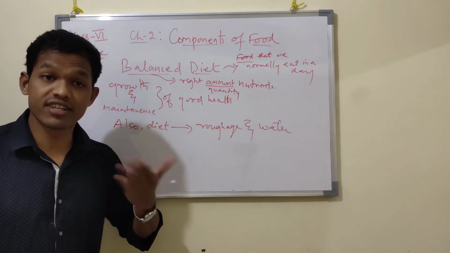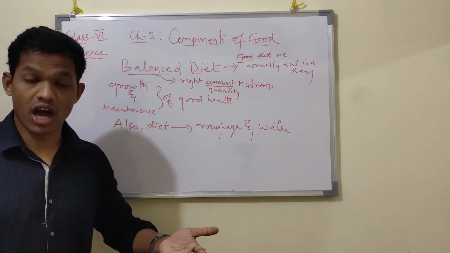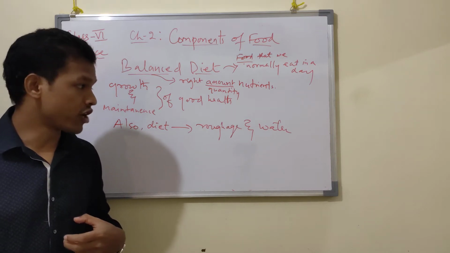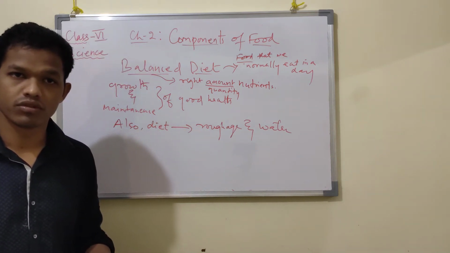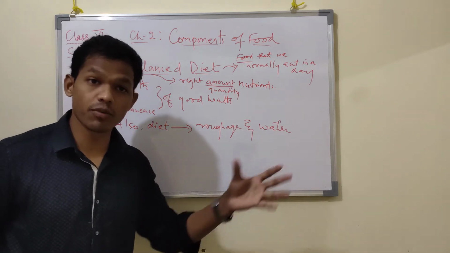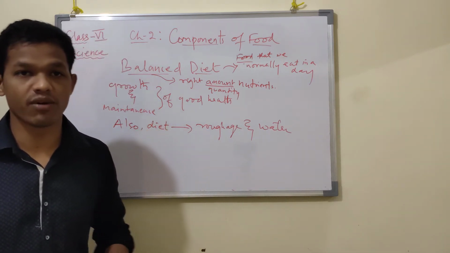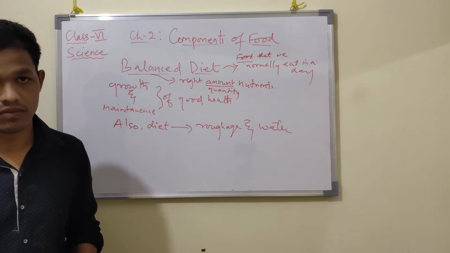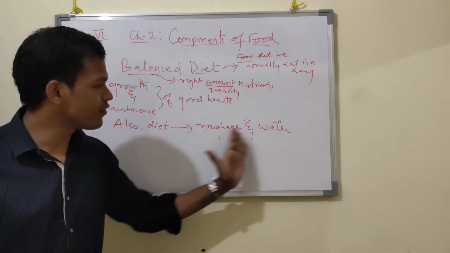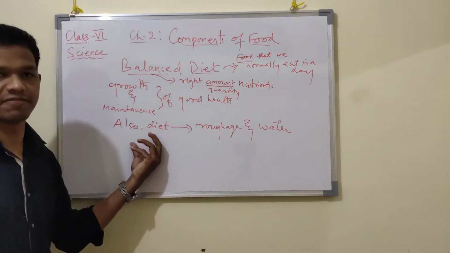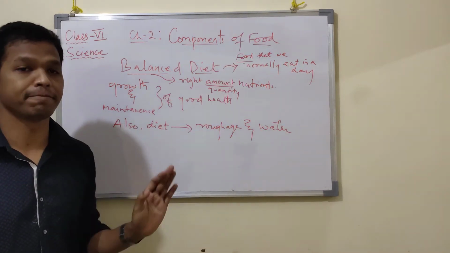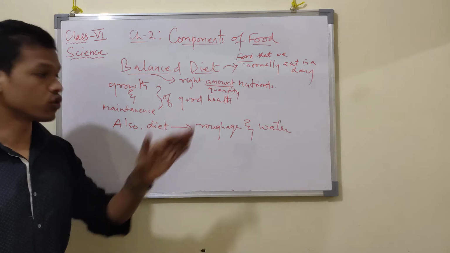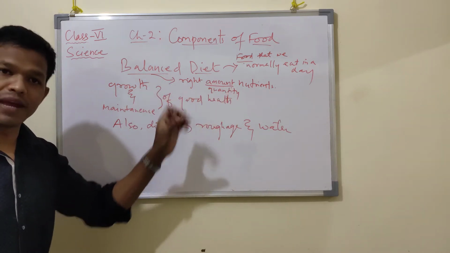It helps excrete waste and unwanted products from our body through sweat and urine. Water also helps in absorbing useful nutrients in our small intestine. So roughage and water are also included in the diet. Diet means the food that we normally eat in a day.